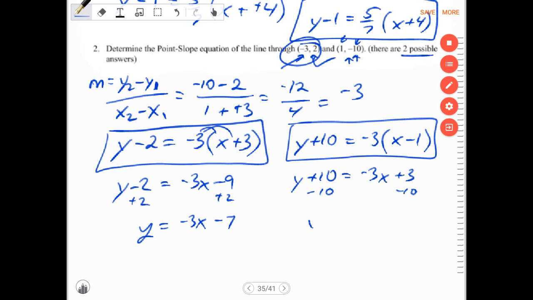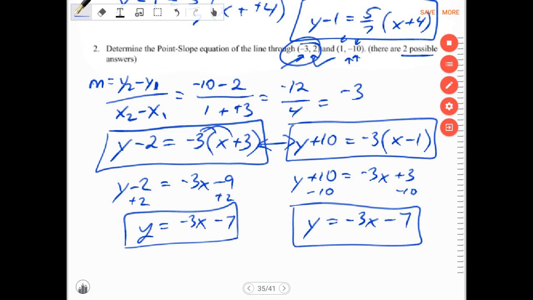And then this one is y equals negative 3x, oh look, minus 7. So both of these forms are the correct answer. They're exactly the same, and they simplify to the same y equals mx plus b. Again, just finish up at either one of those lines. That's what I'm looking for, but I just wanted to prove to you that they're the same. Okay, that's it for part 1. Thanks.